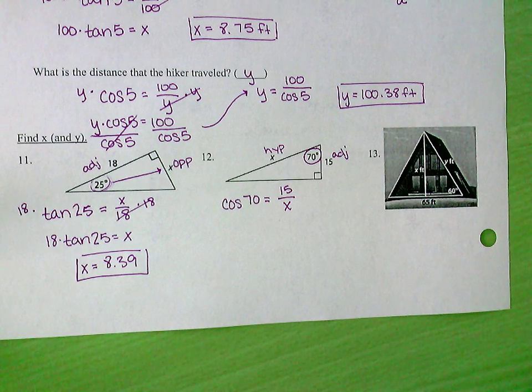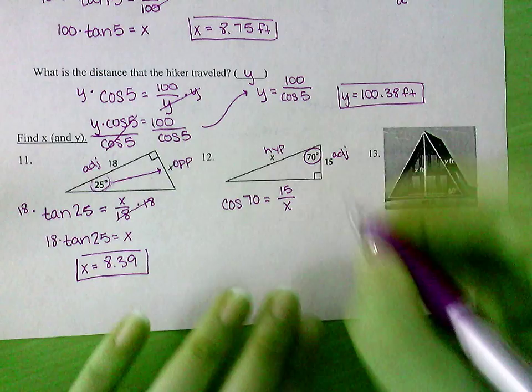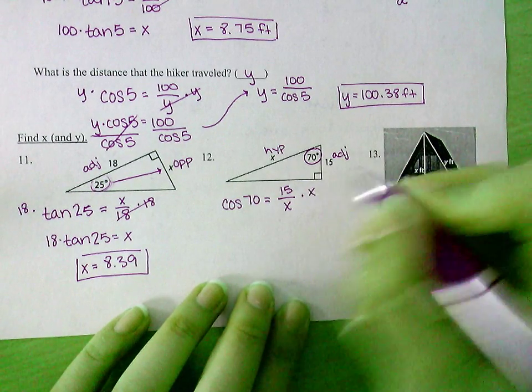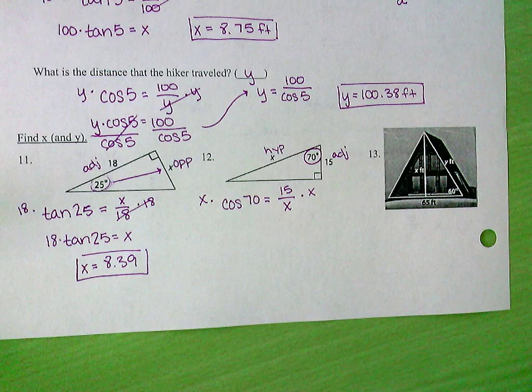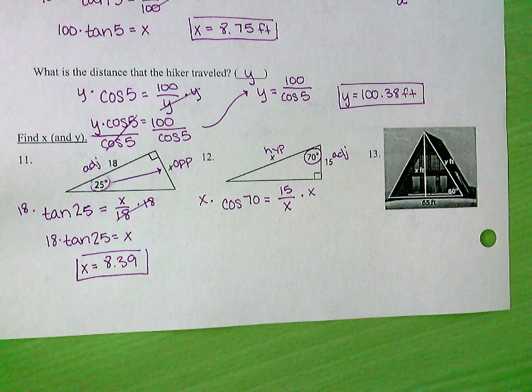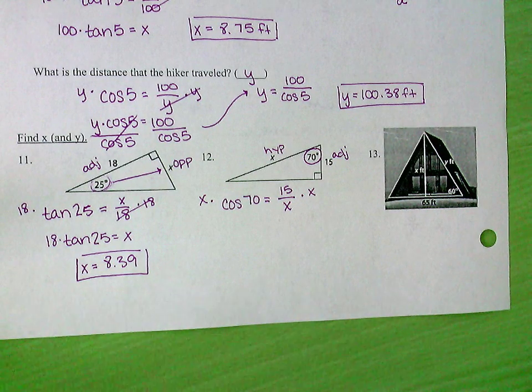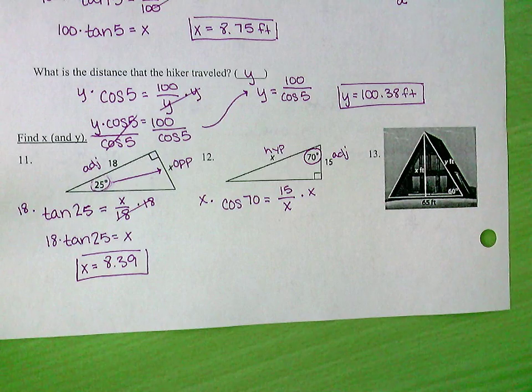What's my next step in solving for x? I'm going to multiply by x on each side. When you're solving, you always want to multiply both sides by whatever's in that denominator. In this case, it's x.